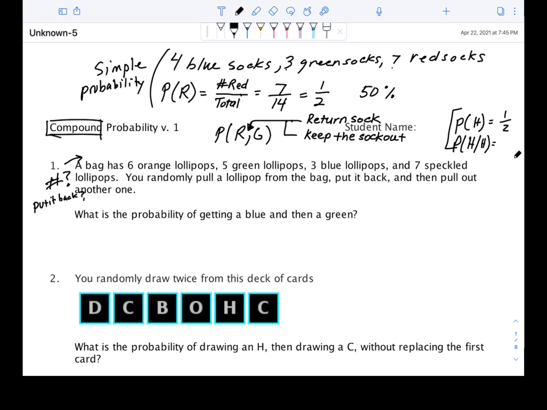So the first flip, the probability is 1/2. The second flip, the probability is 1/2. The probability of getting heads and then heads would simply be taking those two probabilities and multiplying them, so it would be 1/4.